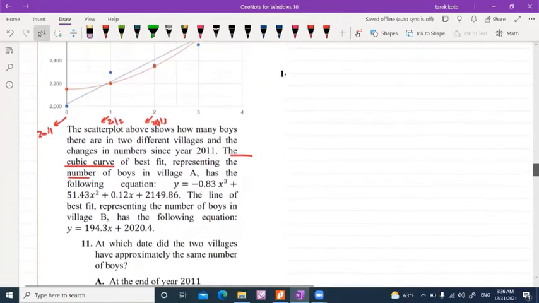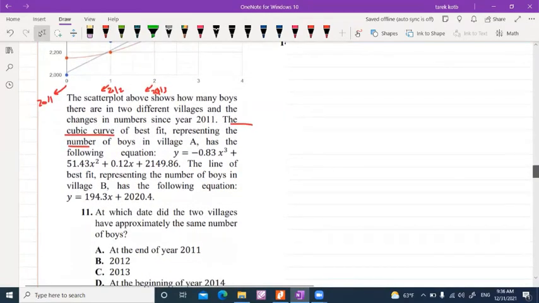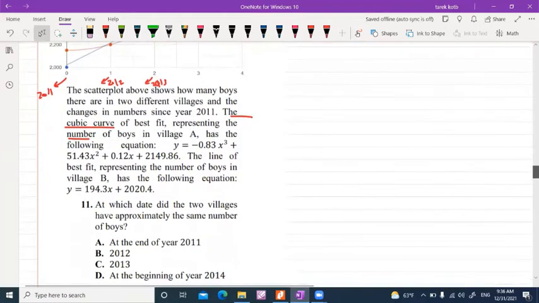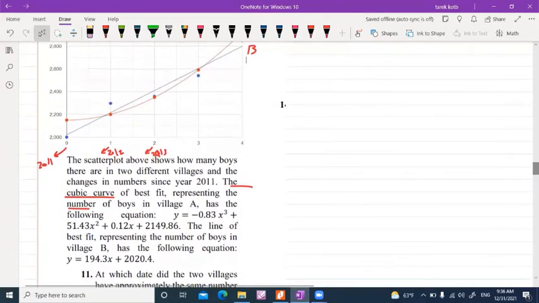At which date did the two villages have approximately the same number of boys? Look at this point. This has a blue and red. Be careful, it's blue and red. This is the point which is common between the two curves.